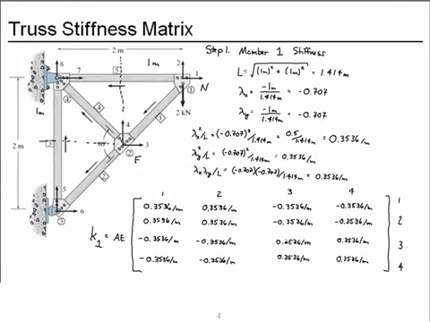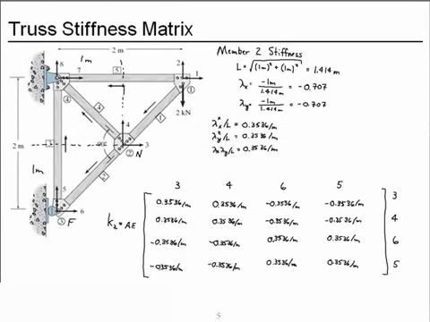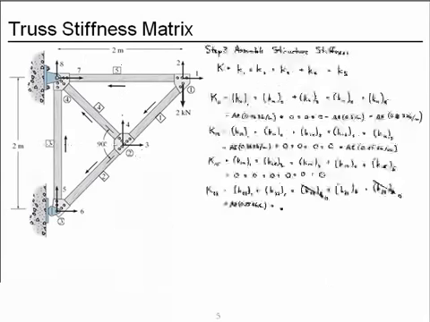So starting with member 1, row 3, column 3, AE times 0.3536 per meter, to which we add from member 2, degree of freedom 3 in the row and degree of freedom 3 in the column, AE times 0.3536 per meter.